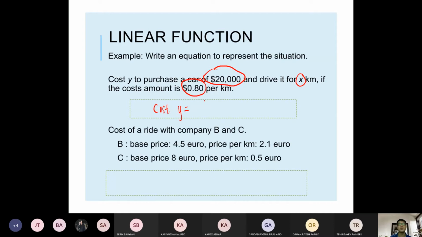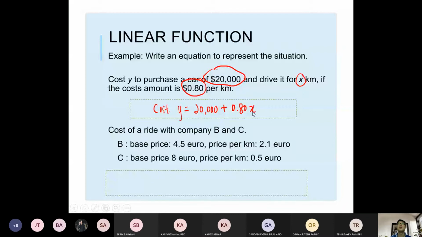So the cost will be 20,000, which is the cost you pay for the car, and 80 cents for each km you travel. So this is the function we have. This function allows us to calculate the cost we need to pay to use a car.